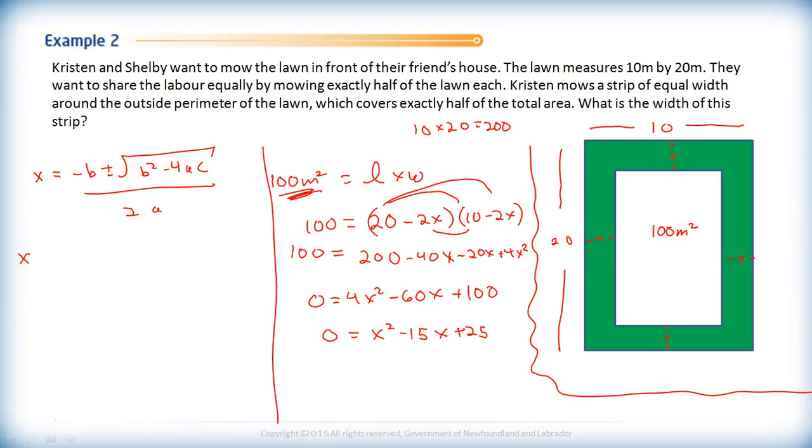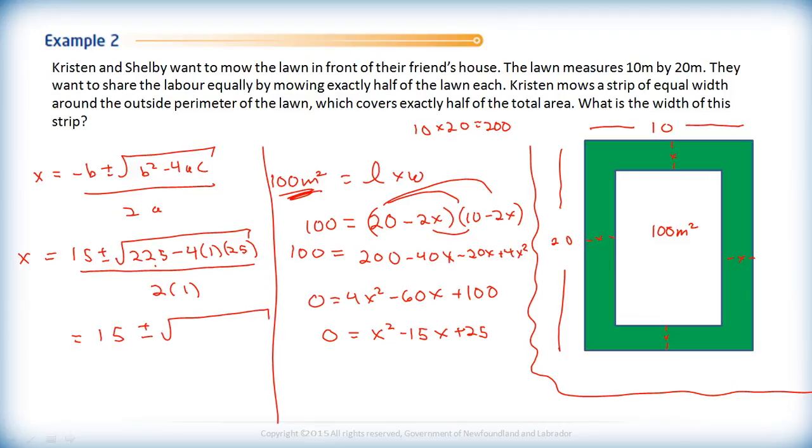So we're going to have x equals negative b will be positive 15 plus or minus the square root of b squared. 15 squared is 225 minus 4 times 1 for a and 25 for c, all over 2 times a, which is 2 times 1. So that's going to give us 15 plus or minus the square root of 225 subtract 100 is 125, all over 2.